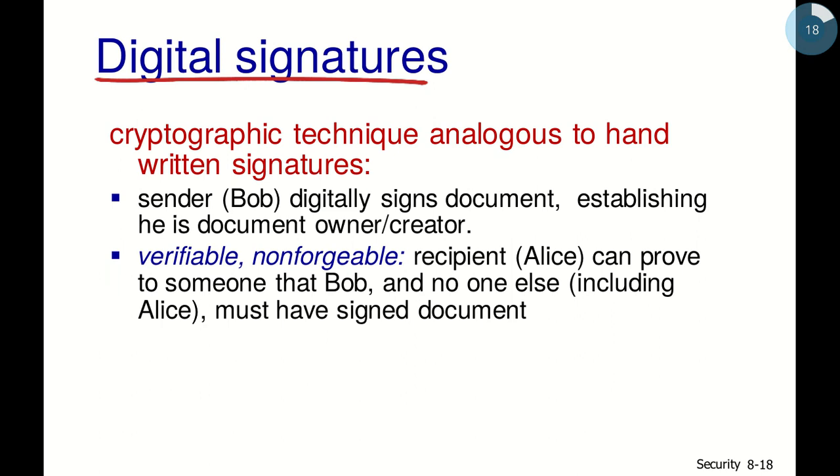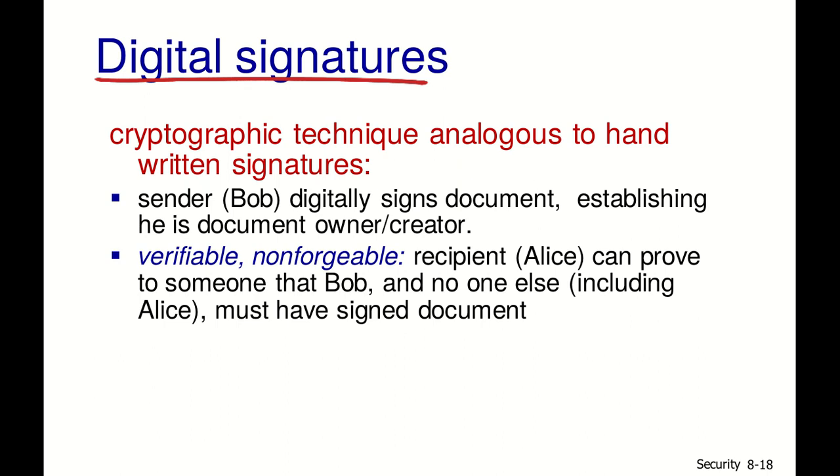First of all, a digital signature is a bit similar to a handwritten signature in terms of its purpose. As we know, a handwritten signature is meant to say that this document is really issued or signed by the signer, not by anybody else.